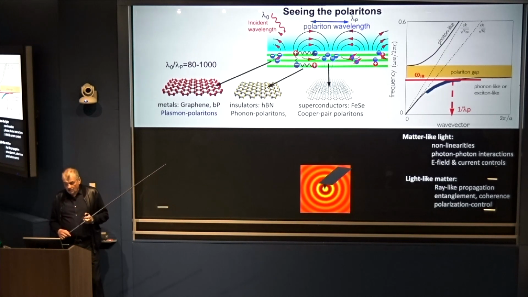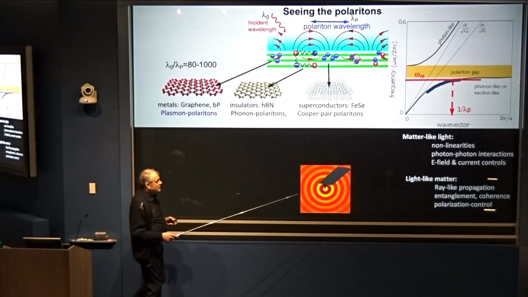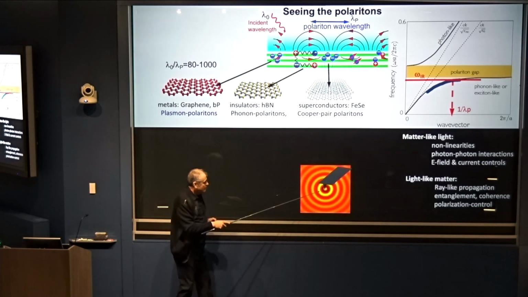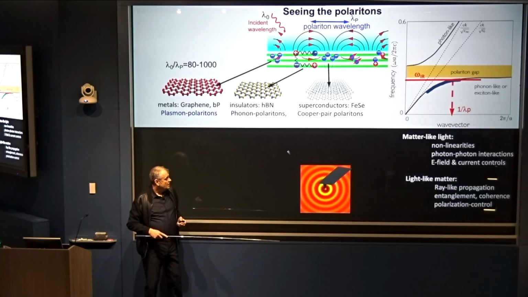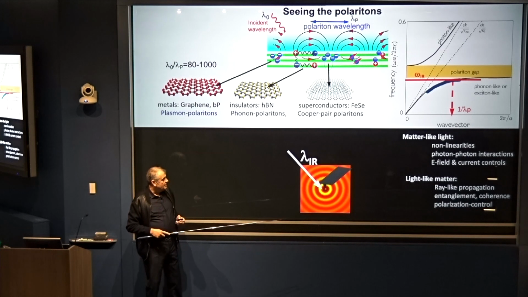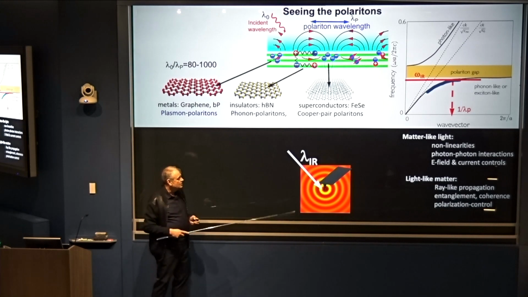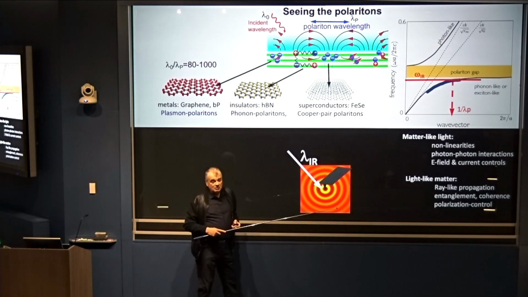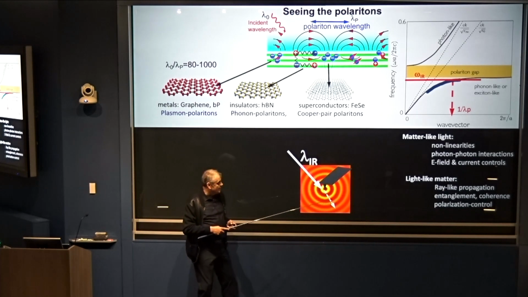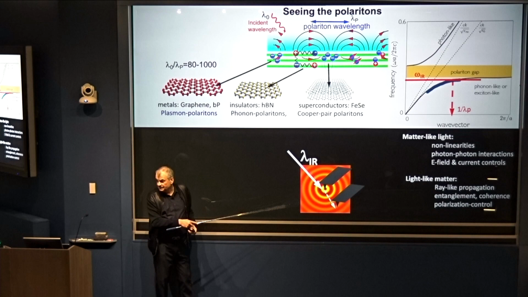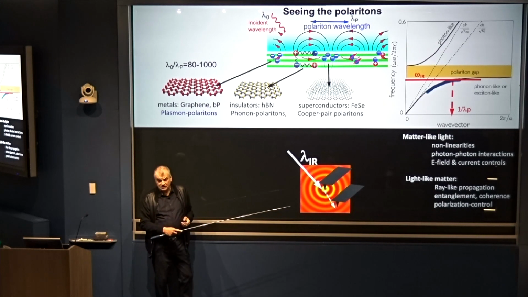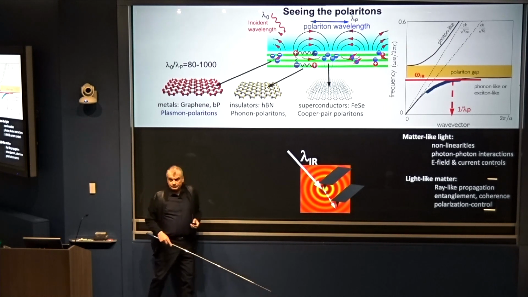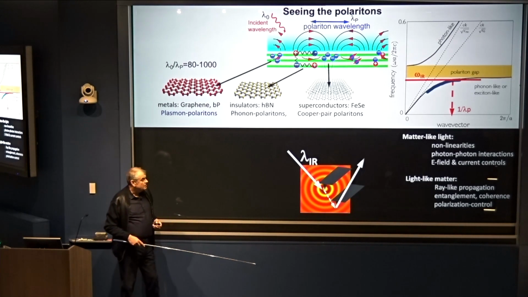Okay, so yes, the dispersion governs the wavelength of these polaritonic waves. The role of the tip in this experiment is to convert free space zero momentum light into high momentum modes that can only travel on the surface or through the bulk of the crystal. And then you catch these waves with another tip and send the light to the detector.